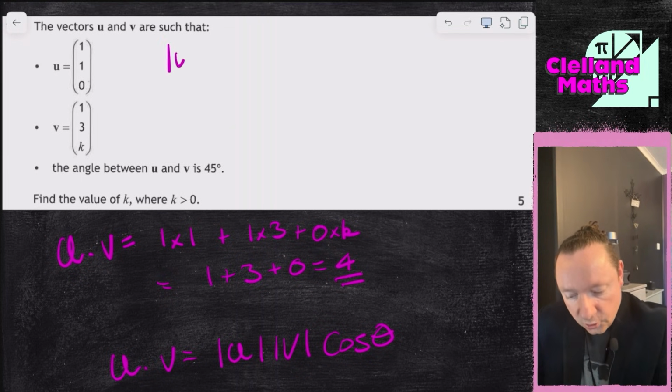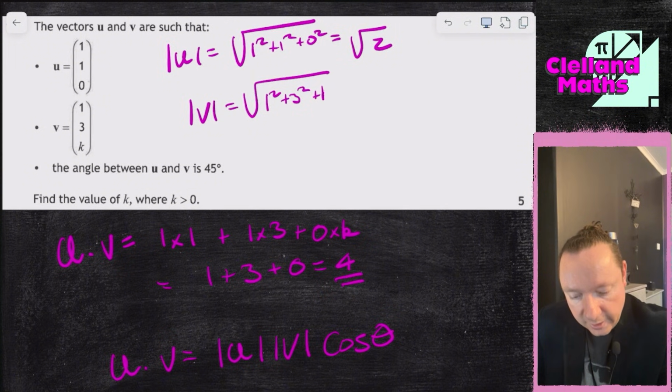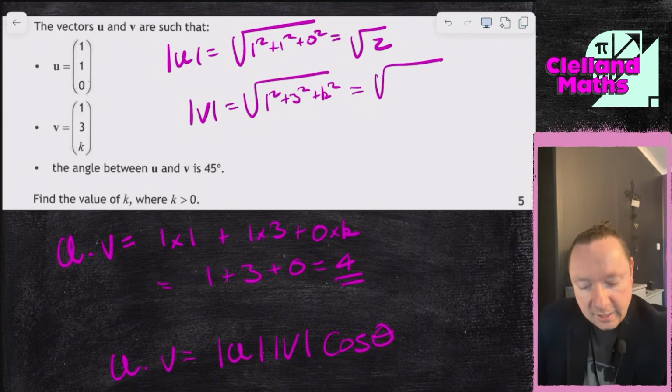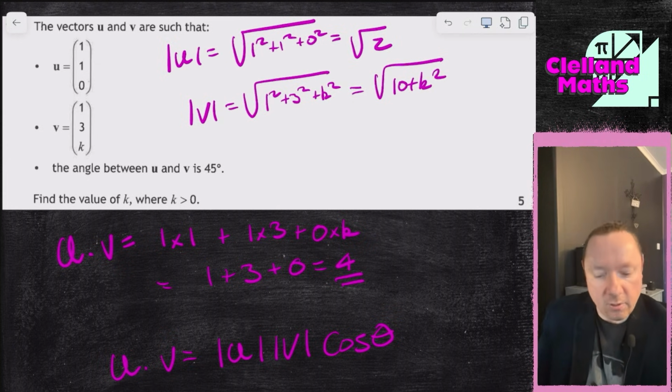The size of u is the square root of 1 squared plus 1 squared plus 0 squared. That's root 2. And the size of v is the square root of 1 squared plus 3 squared plus k squared. 3 3s is 9 and 1 is 10, so 10 plus k squared. I'll just keep it, it's about algebra.